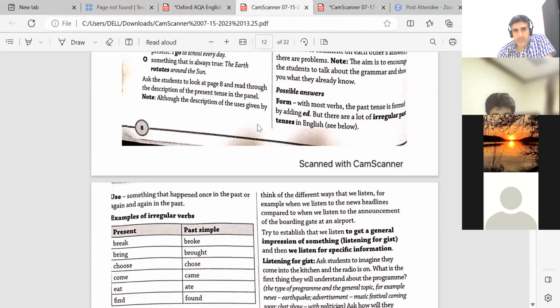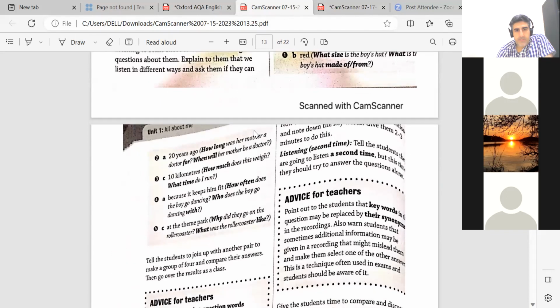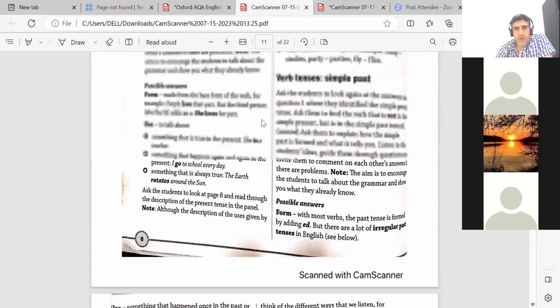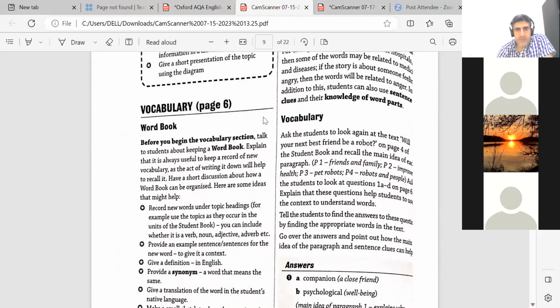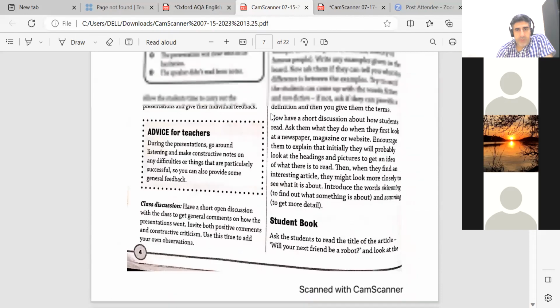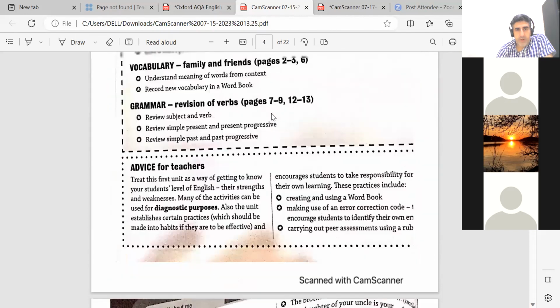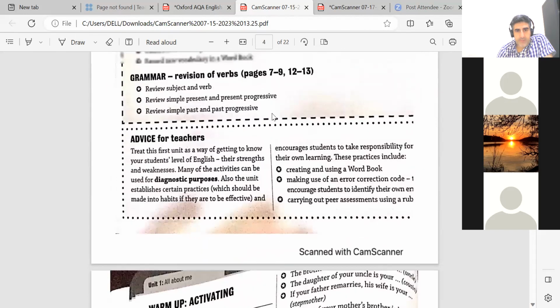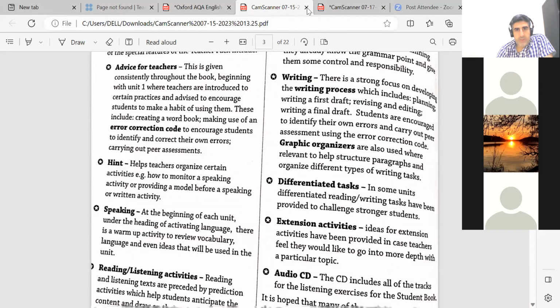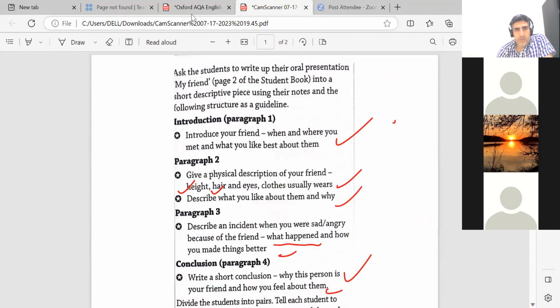Okay, our unit 2, guys, our unit 2 objectives. What should you learn in unit 2? Let me stop sharing this.